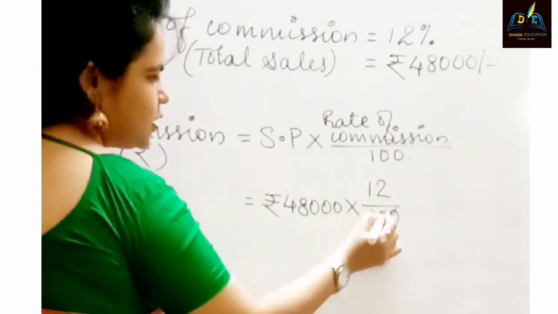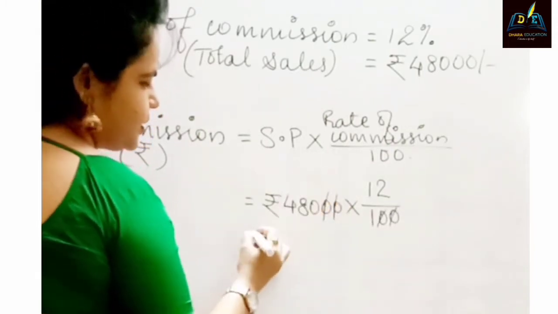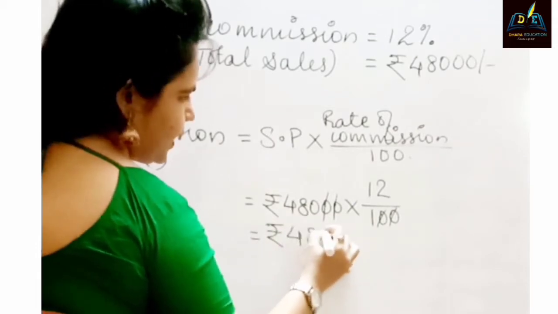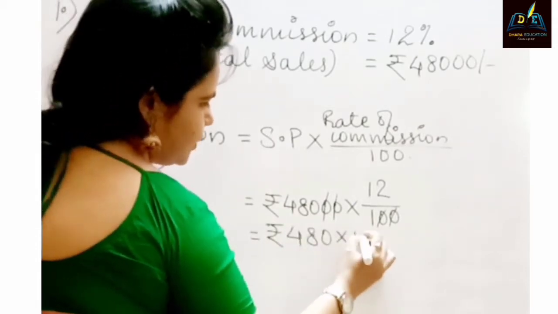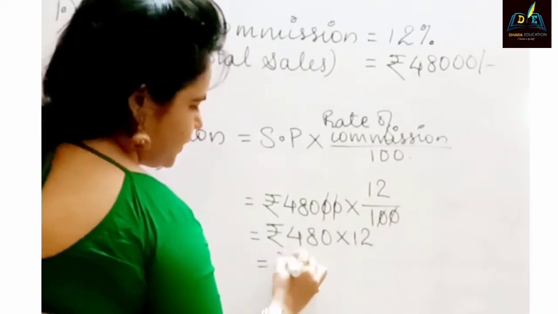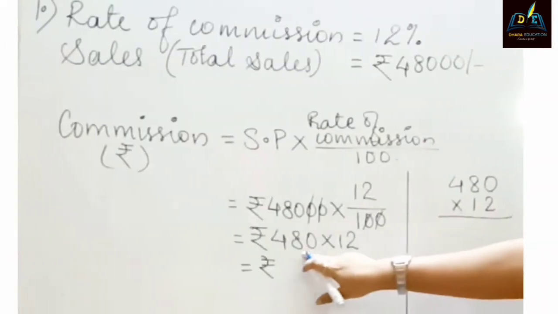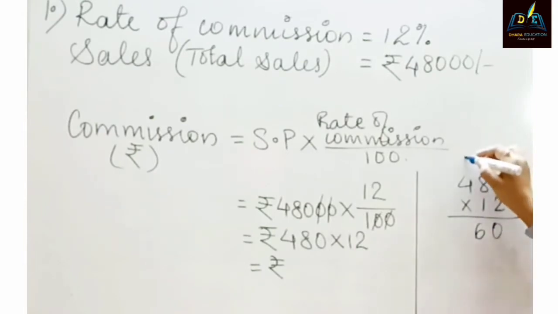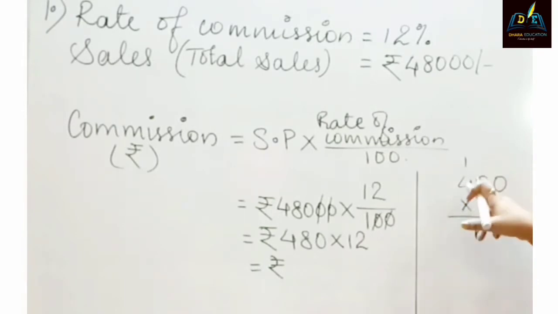Now just calculate it properly. Rupees 480 multiplied by 12. 2 zeros are 0. 2 eights are 16, 1 goes up. Then 2 multiplied by 4 gives 8 plus 1, 9.